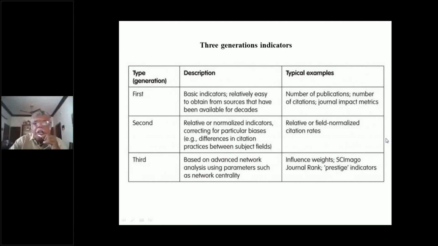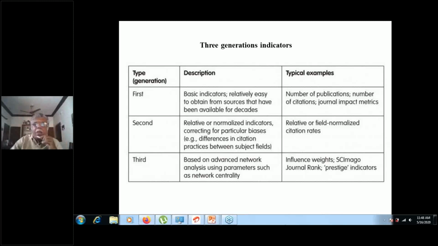You can find relative or field normalization, normalized citation rates. Third one is based on advanced network analysis using parameters such as network centrality, influence weight, SCImago journal ranking, prestige indicators like this.